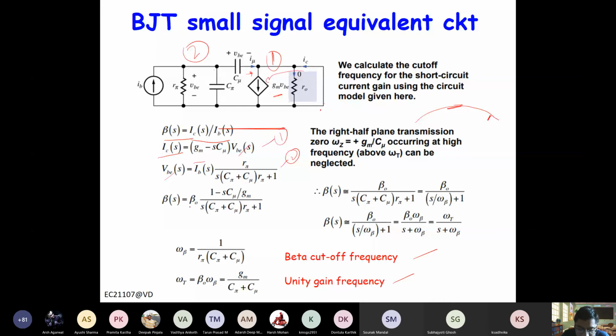Okay, beta naught is basically replaced for g_m R_pi. g_m R_pi is written as beta naught here. So beta naught is your common emitter current gain, right?